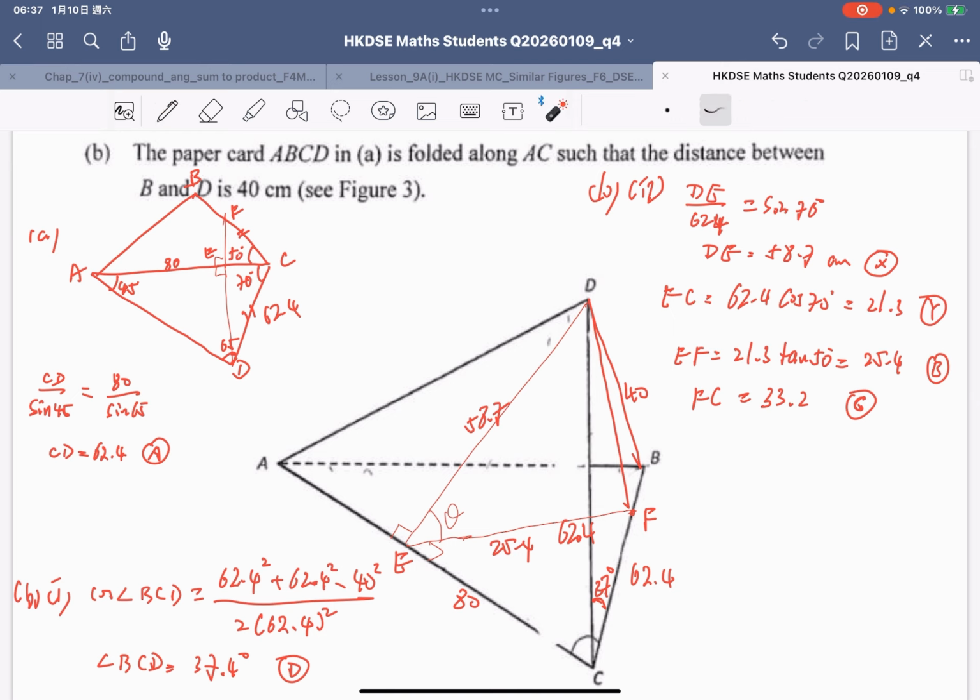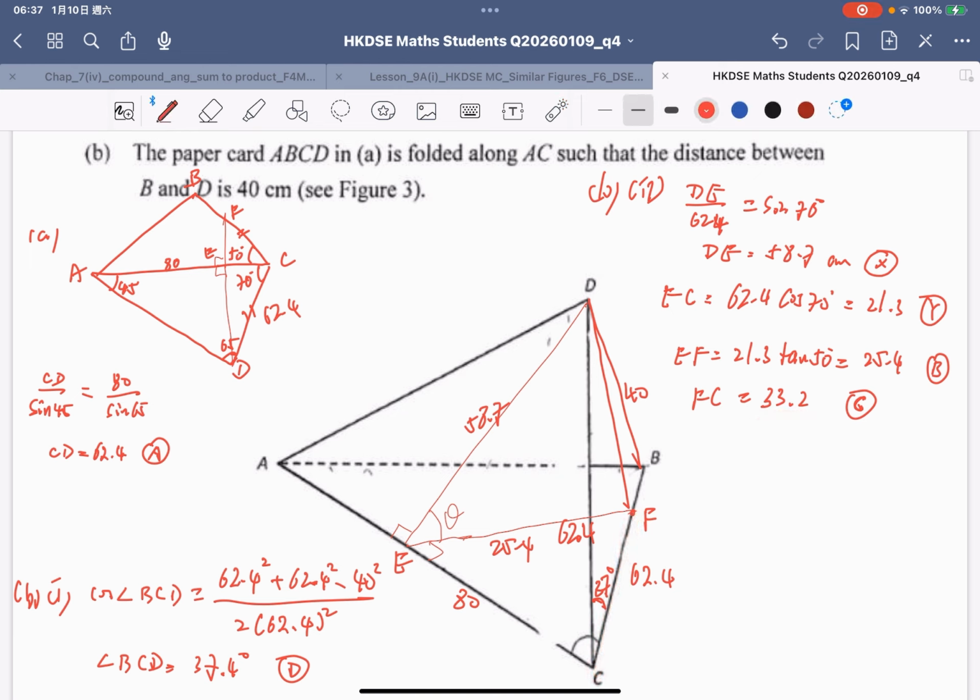And here, this one is 62.4, and FC is 33.2.